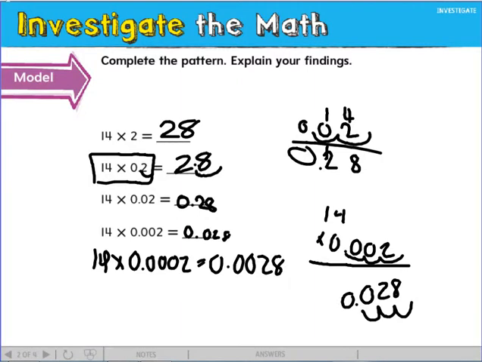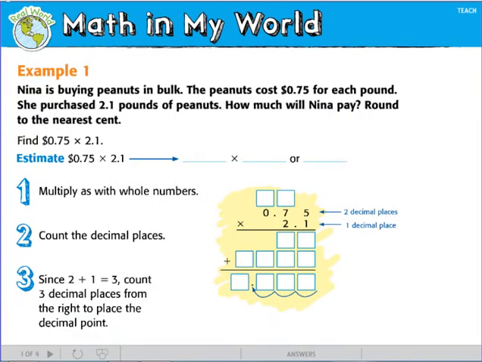Because we know that 14 times 2 is 28, and we know that I need 1, 2, 3, 4 decimal places. So if I count in 1, 2, 3, 4 decimal places. Okay, so do you see how the pattern is emerging? Yes. Alright, it's 14 times 2 all the time. The only thing that's different is where the decimal is. Alright? So let's pay attention to that as we go because we're going to need to know that.